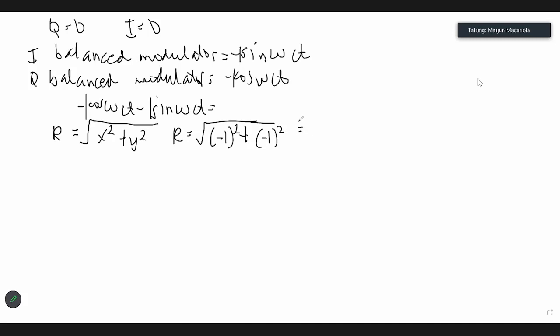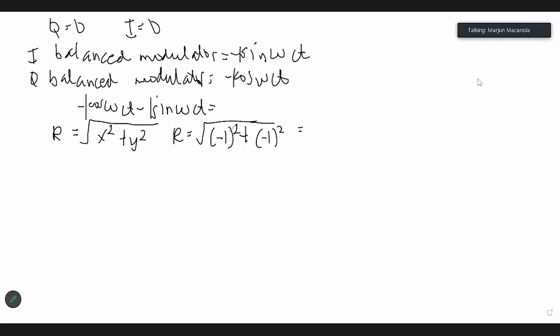Okay? Pindot po sa calcu. Ano po sagot? 1.41.